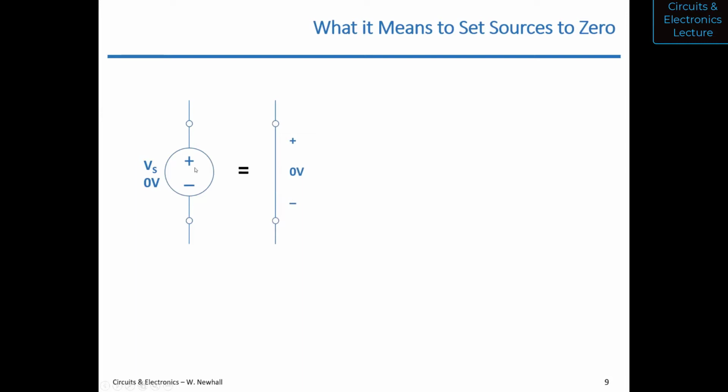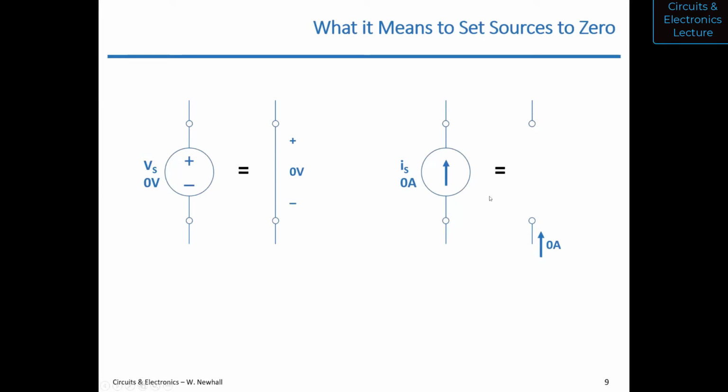Both of these, left side of the equals and right side of the equals, enforce 0 volts between those two terminals inside your circuit. And for a current source, when you set it to 0 amps inside your circuit, you replace that current source with an open, because that's another way to cause a 0 amp current to flow between those terminals.